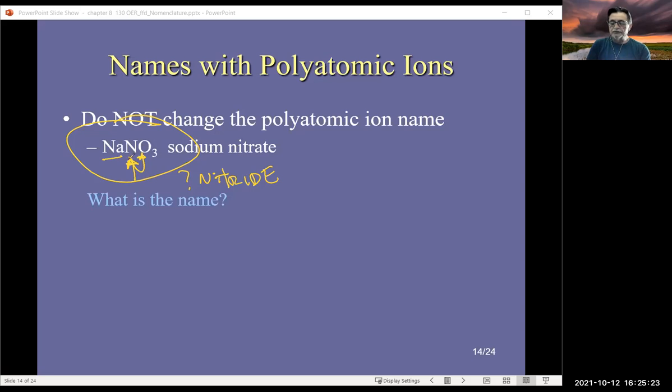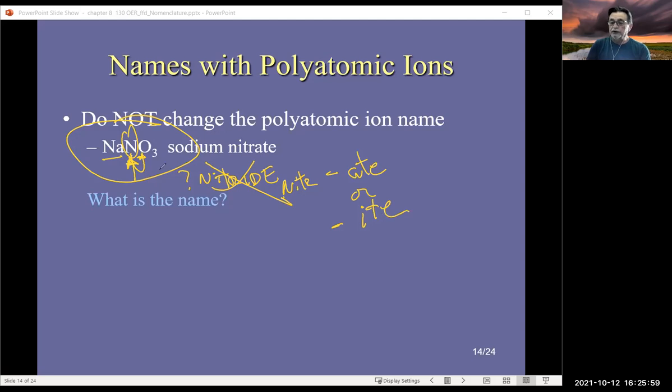And when you see nitrogen immediately followed by oxygens, definitely not IDE, it's going to be either an ATE or an ITE. We know it would be the NI because of nitrogen, so it's going to be something like NITR, and we don't know at this time. Well, which one is it, A or I?